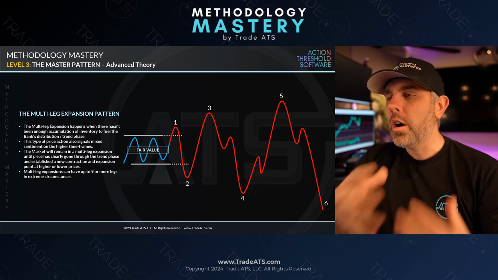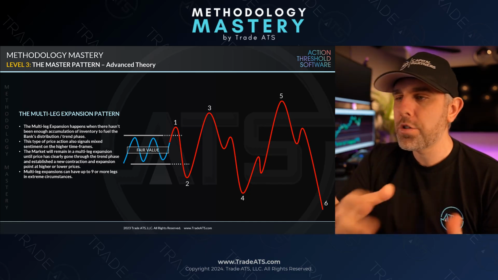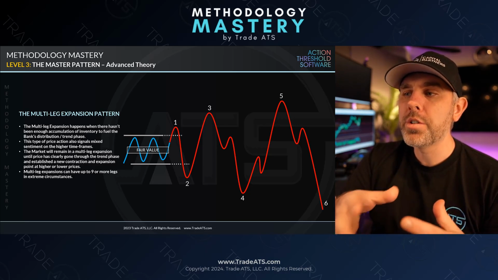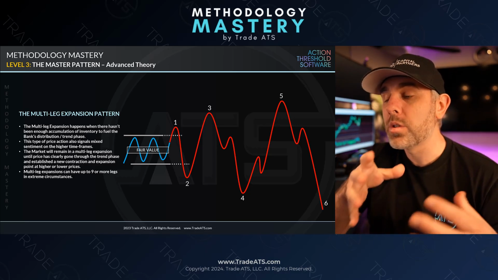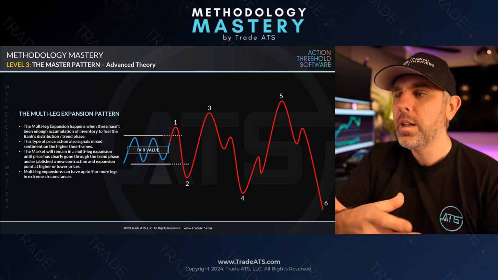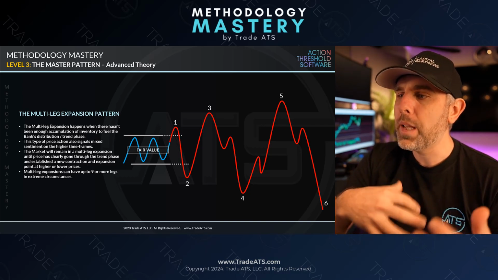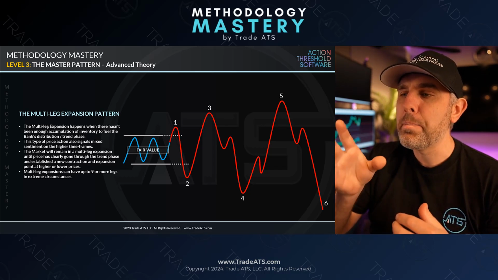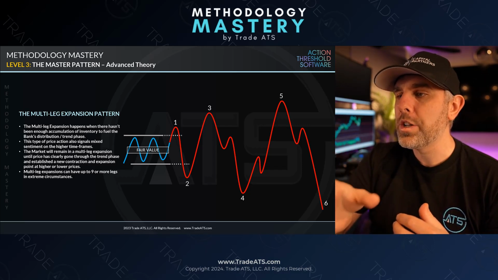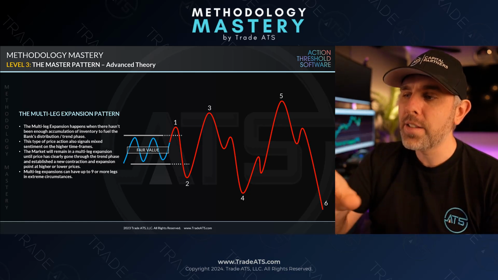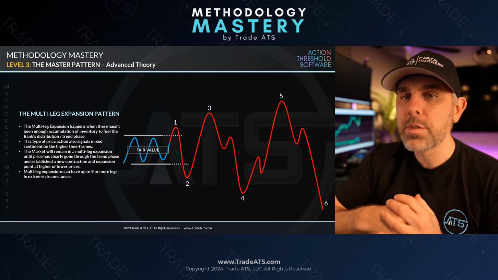But if we start from this pattern, understanding what this pattern's about, and when we see it, we understand, okay, this is where the majority are going to lose a lot of money, but we use the pattern to flip the script and trade against those traders, that's where it becomes very powerful. By understanding this pattern, you're basically taking the biggest losing situation for most traders and using it in your favor. So if you could make money in this environment, then the rest becomes pretty easy.